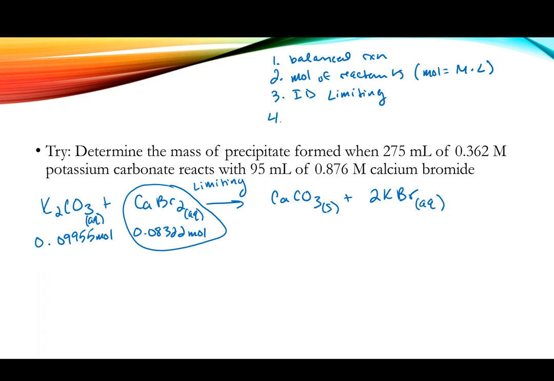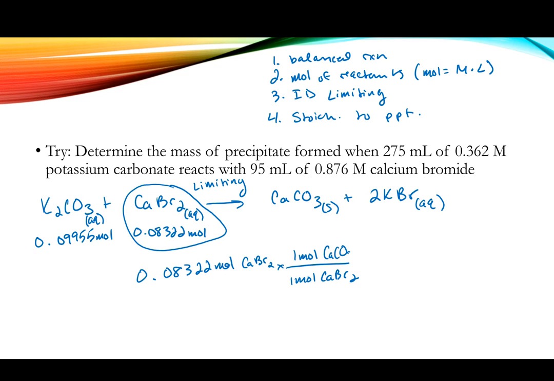And then step 4 is just going to be the stoichiometry to your precipitate, your solid product. So mole calcium bromide, then our mole to mole step, and then go to grams calcium carbonate, which is 100.09.